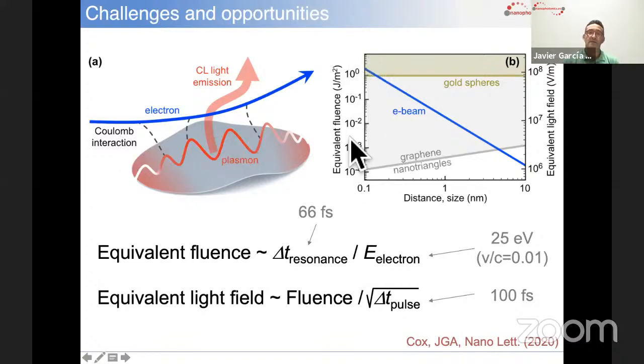And these are the numbers. The numbers look very good for relatively low energy electrons, for example, 25 electron volts, so that you are completely in the range in which graphene nanostructures will respond nonlinearly. So the prediction here is that a single electron should be able to produce a nonlinear response of a material.